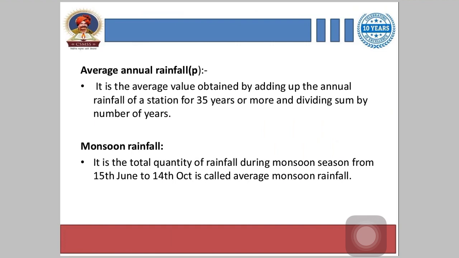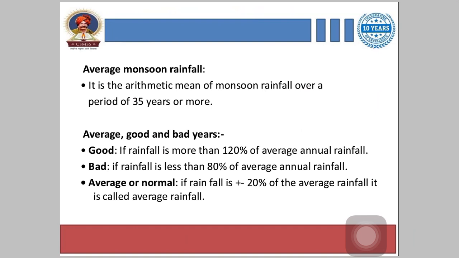The duration of this is between 15 June to 14 October, and it is the total quantity of rainfall during the monsoon season. Average monsoon rainfall is the arithmetic mean of monsoon rainfall over a period of 35 years or more.